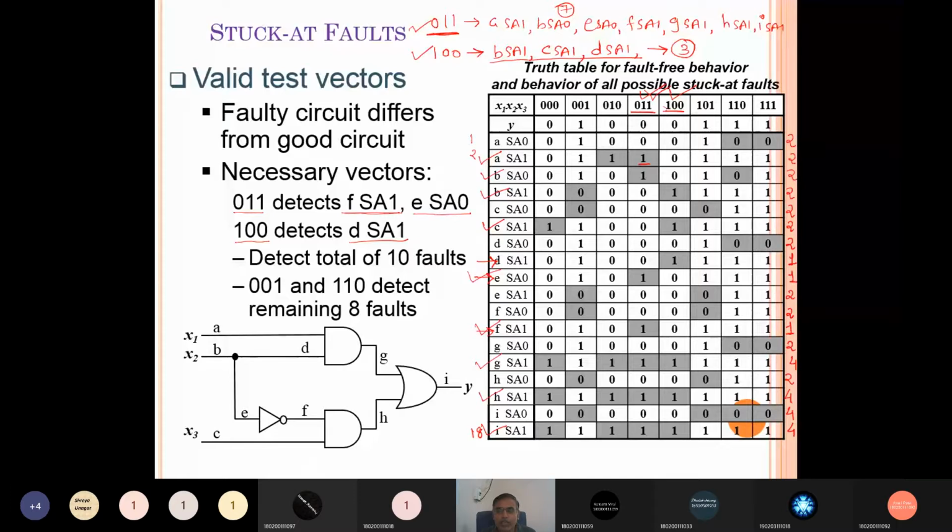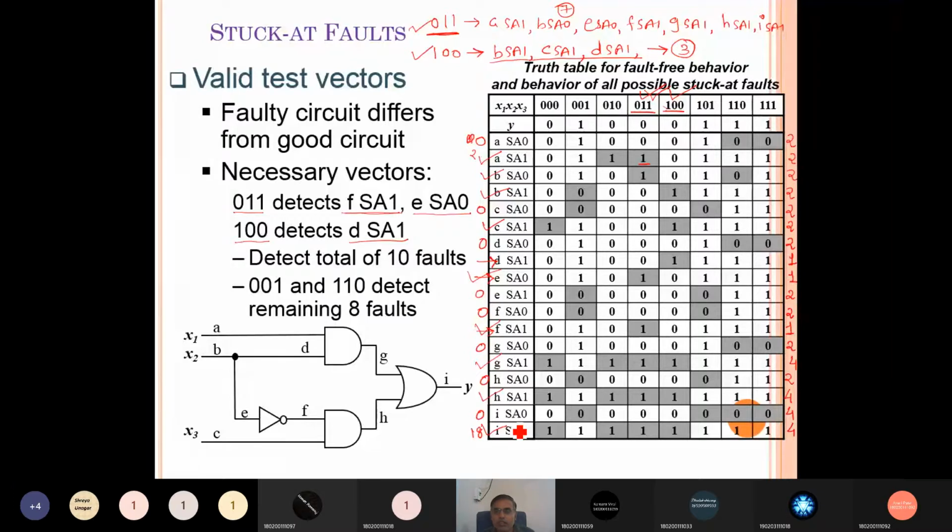So the remaining faults are: this A stuck at 0 is remaining, C stuck at 0 remaining, D stuck at 0 remaining, E stuck at 1 remaining, F stuck at 0 remaining, G stuck at 0 remaining, H stuck at 0 remaining, and I stuck at 0 remaining. Right? These are the 8 different remaining faults.